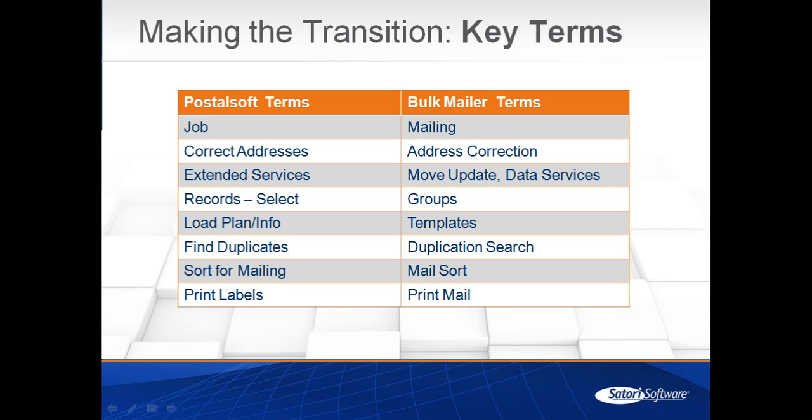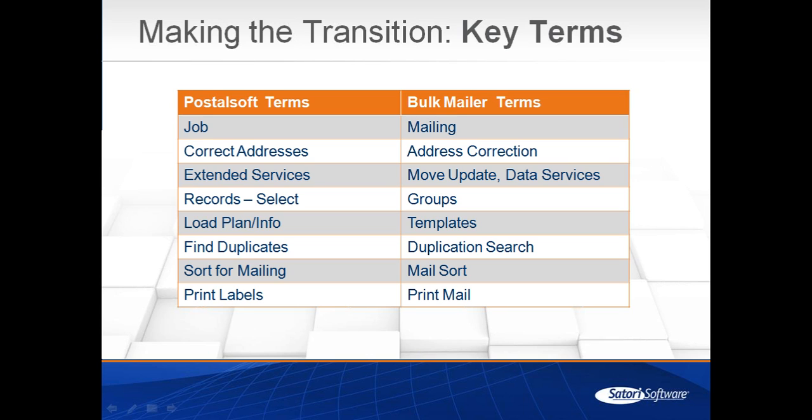Extended services, that's where you're used to going for your NCOA and data services through Thornton and Peachtree. That is now going to be referred to in bulk mailer as move updates and data services, which again is integrated directly right in our process, our program with real-time NCOA.